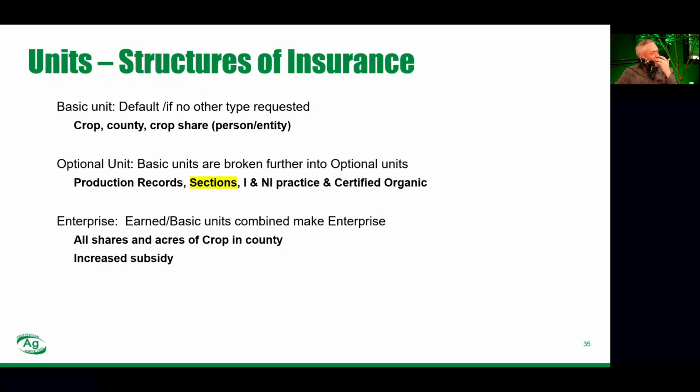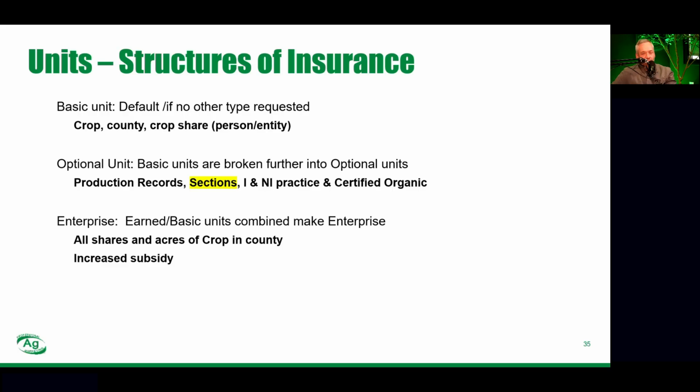Before I jump, I would say the most popular unit structure in our area is enterprise units because of the lower premium cost. Optional units are also very popular for operations that have a geographic spread and want that protection for each individual section in their operation, or if their yields vary greatly field to field, the optional units do a great job of that.